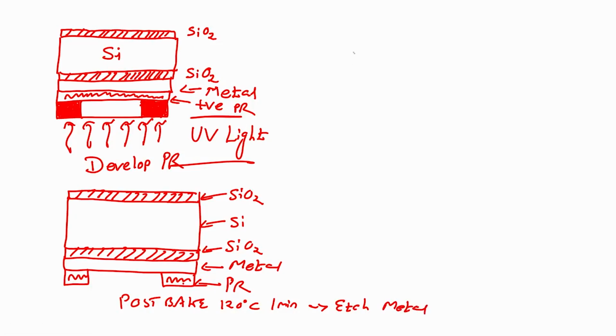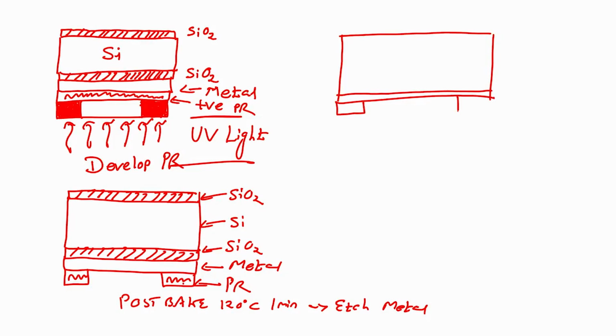So, when I etch my metal, what structure will I have? I will have a structure which will look like this.